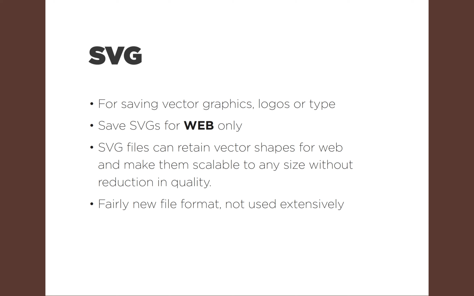The great thing with an SVG is that it's infinitely scalable on the web, which is fantastic, so you no longer have to render multiple different images or logos depending on what size you need for your website. You can just simply scale this vector graphic up or down. You can use SVGs for print as well, but if you're going to use something for print, it's better to use a native Illustrator file or a PDF file, just so people don't get confused between the print and the web versions.